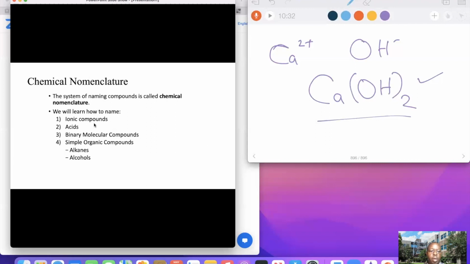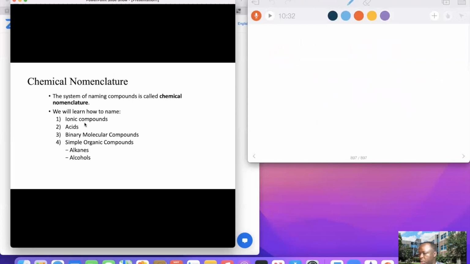We learn how to name ionic compounds, acids, and binary molecular compounds. Having gone through how to write the correct formulas, remember you start with the cation, positive, followed by the anion, negative. Likewise, in naming them, let's go to naming, all right?